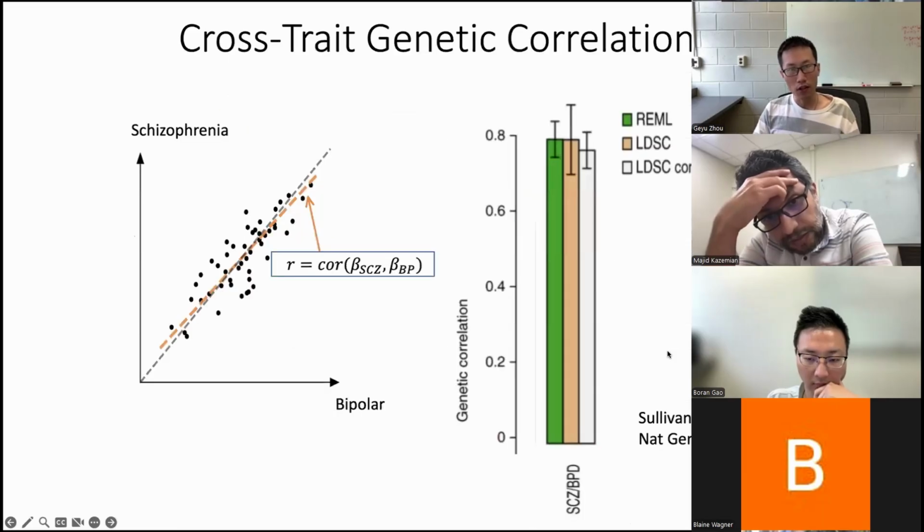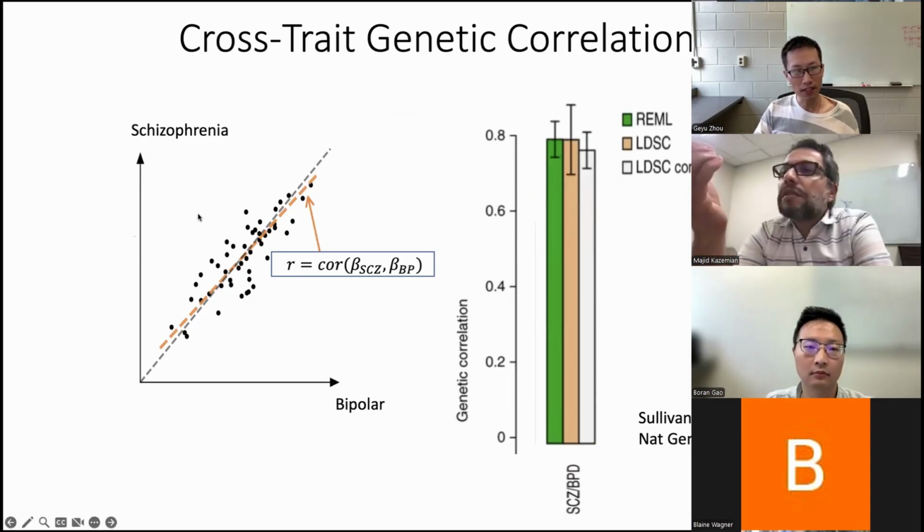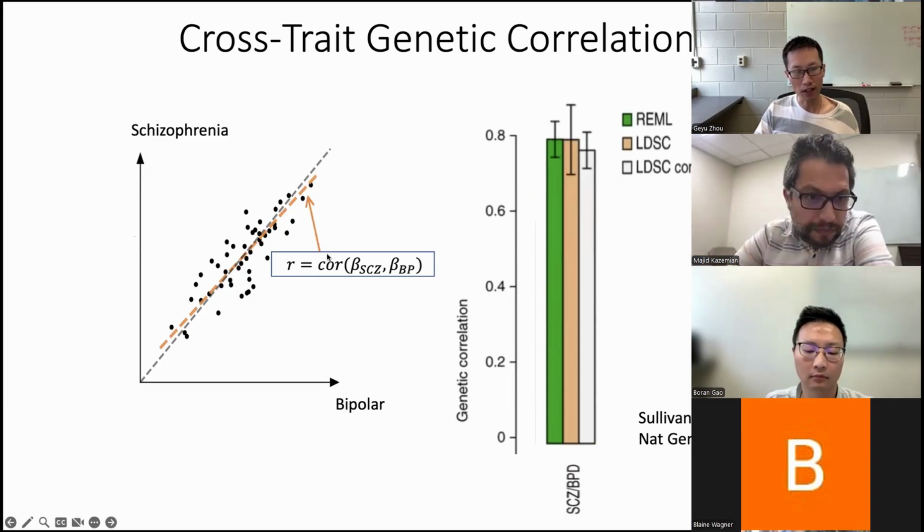And last, I'm going to talk about how to apply this transfer learning to cross-trait genetic prediction. So two traits such as schizophrenia and bipolar have genetic effects that are shared or highly correlated, as often estimated by the so-called LD score regression or HESS approach.